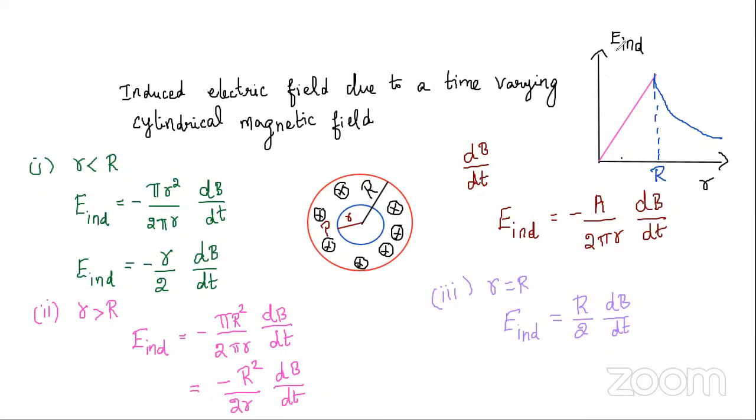So here you see it is E max. So this is the concept of induced electric field due to a time varying cylindrical magnetic field.